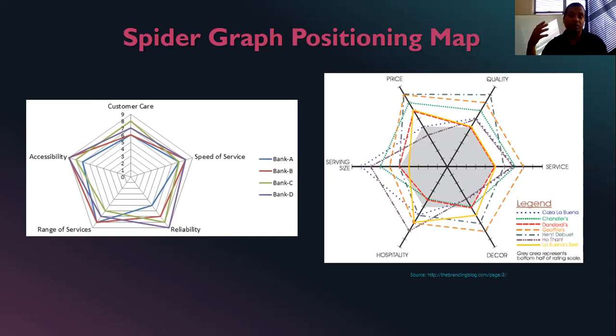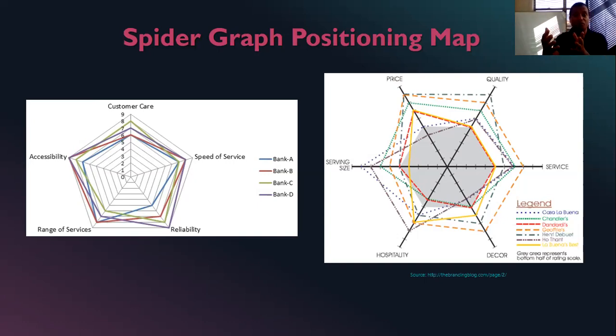You will apply some sort of algorithm to calculate the area for your positioning. Then you will calculate the areas for your competitors B, C, and D. And then if your area comes out bigger than your competitors', that gives a clear indication that your positioning is better than your competitors'.